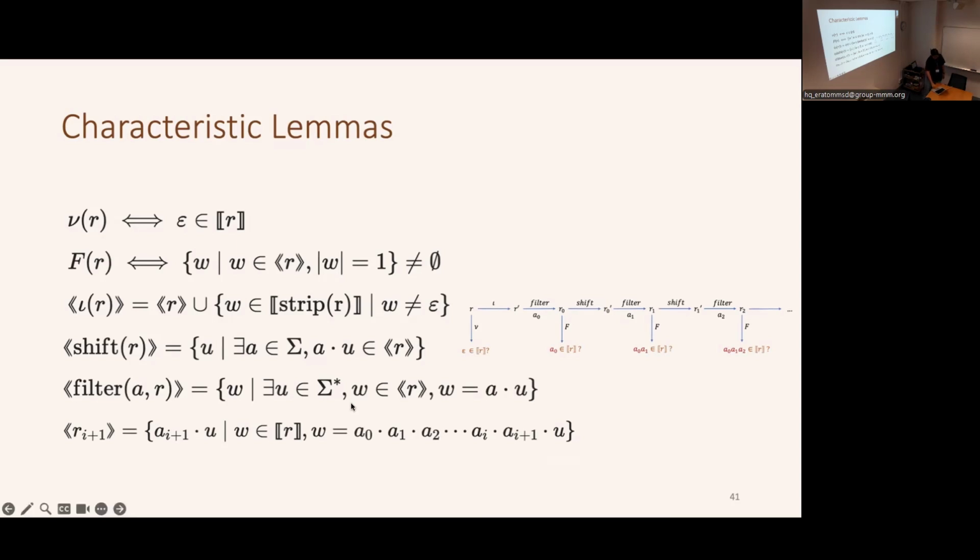They stand for all words of the following shape, which start with A_{i+1}, and the prefix of this word matches the word that is given so far. So if we have these characteristic lemmas, then we are able to prove that indeed each of these questions answers whether each of these prefixes is matched by the regular expression.